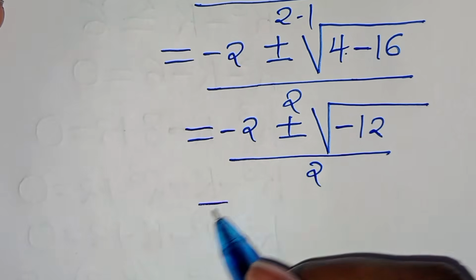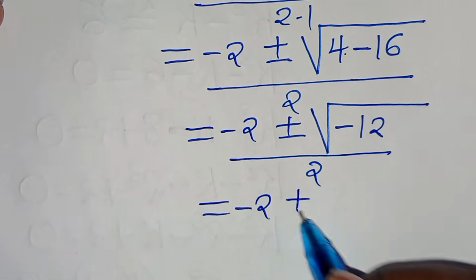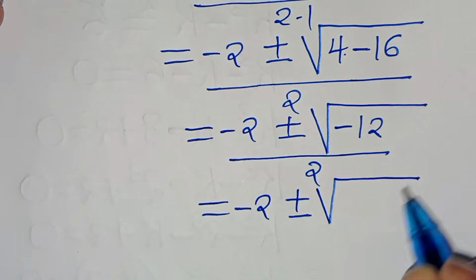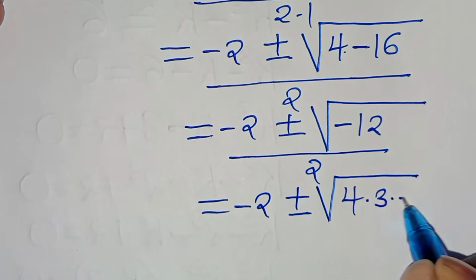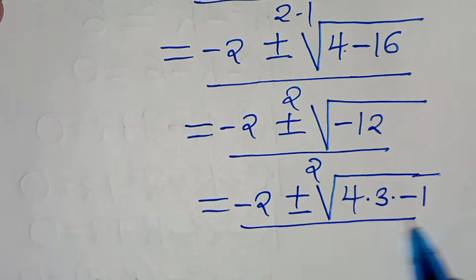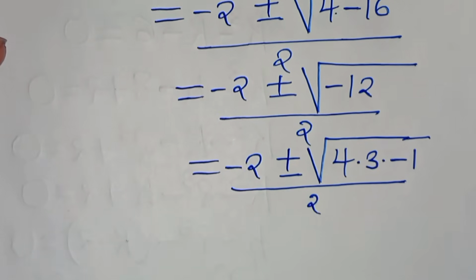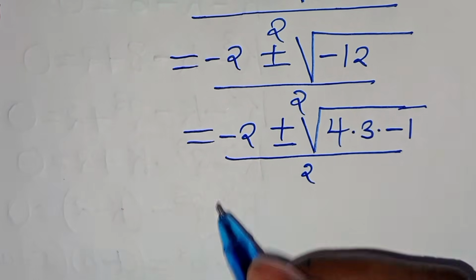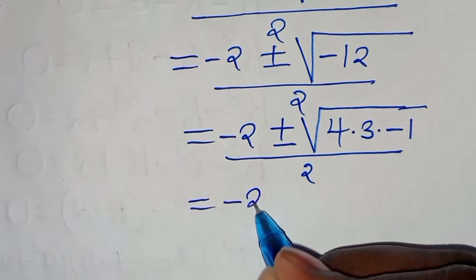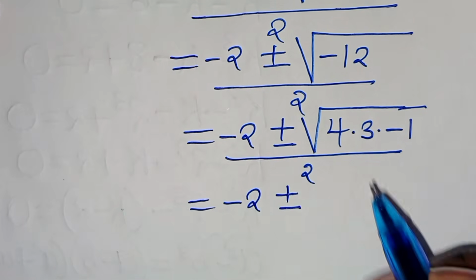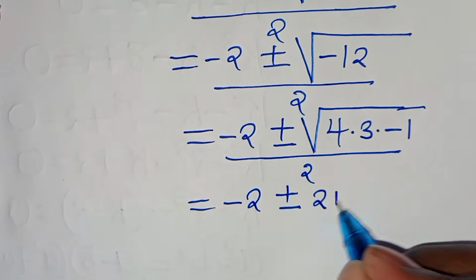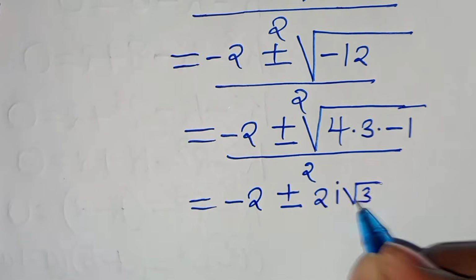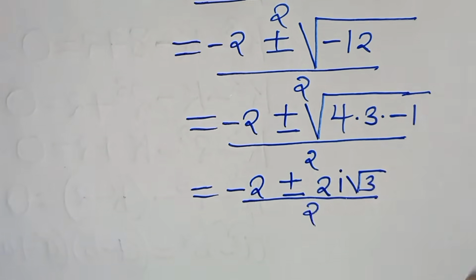This means we have negative 2 plus or minus the square root of 4 multiplied by 3 multiplied by negative 1, divided by 2. So we have negative 2 plus or minus 2, the square root of negative 1 is i, times the square root of 3, divided by 2.